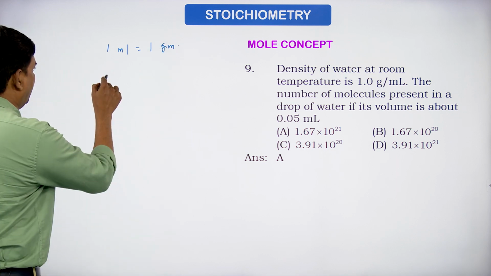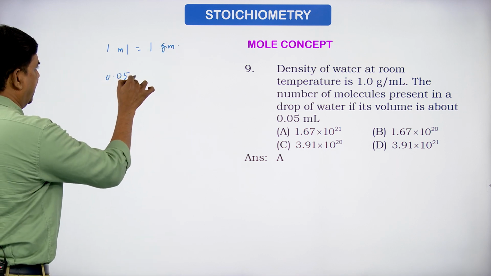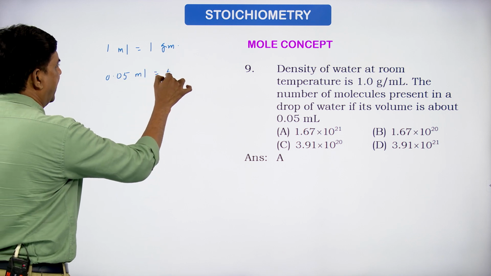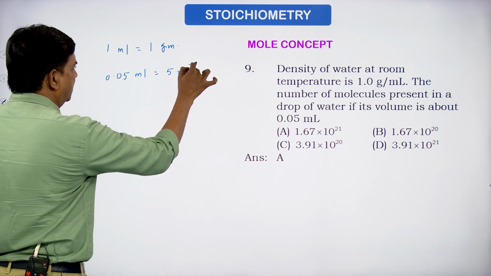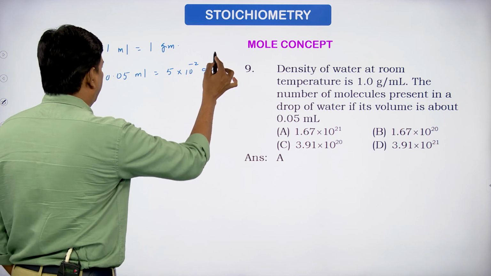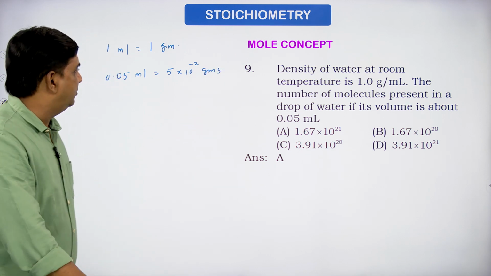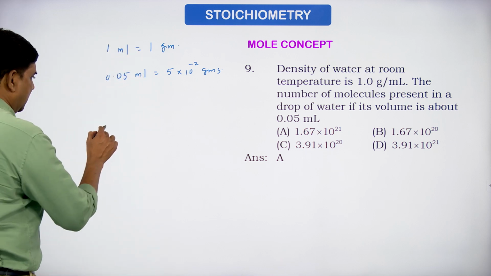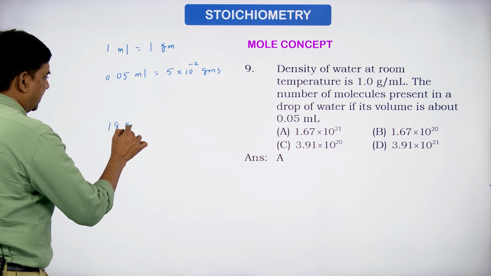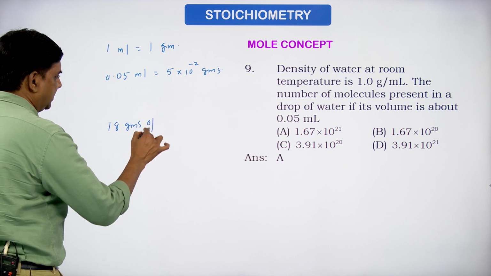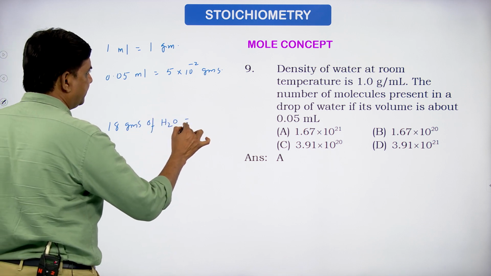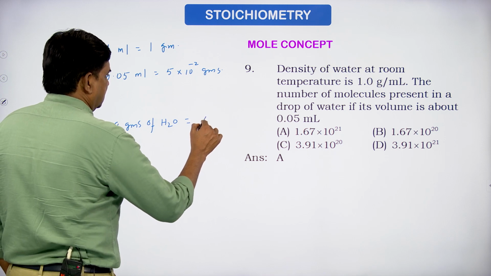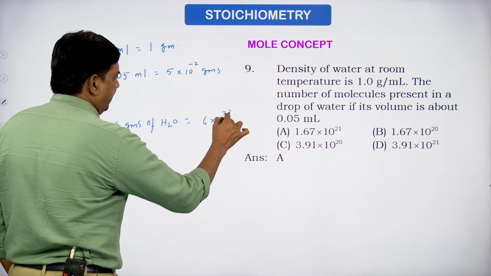Therefore, 0.05 ml mass would be 5 into 10 power minus 2 grams. That means 0.05 grams. Now this is very simple. Molecular weight of water is 18 grams. 18 grams of H2O is 6 into 10 power 23.